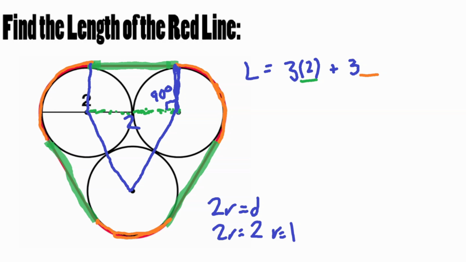So 180 total degrees divided by 3 angles is going to be 60 degrees for every angle of the triangle, including the angle inside the circle that we are dissecting here. So we know that this part of this circle is equal to 60 degrees.